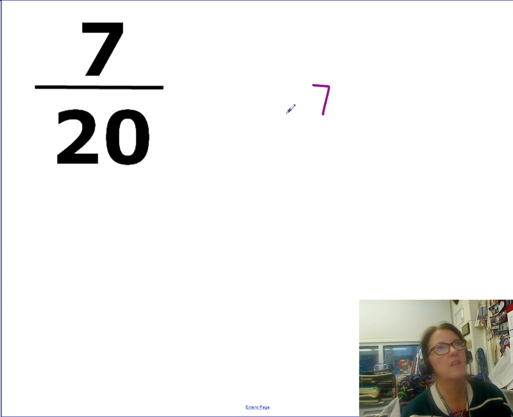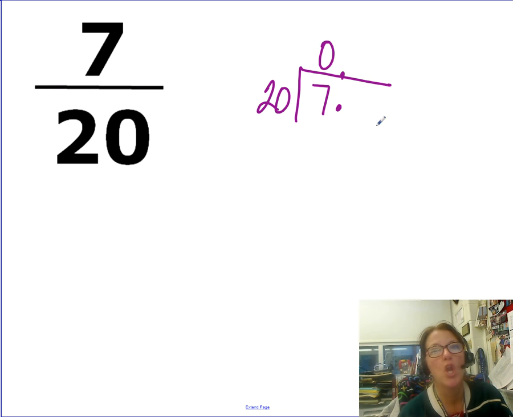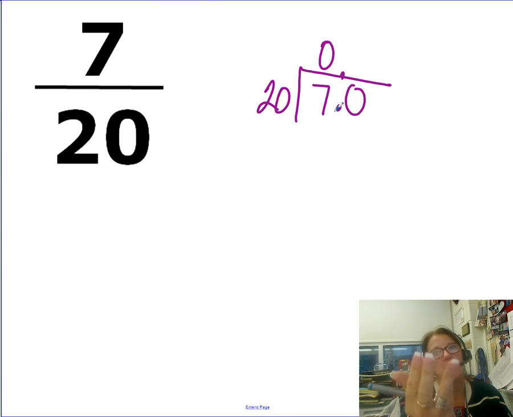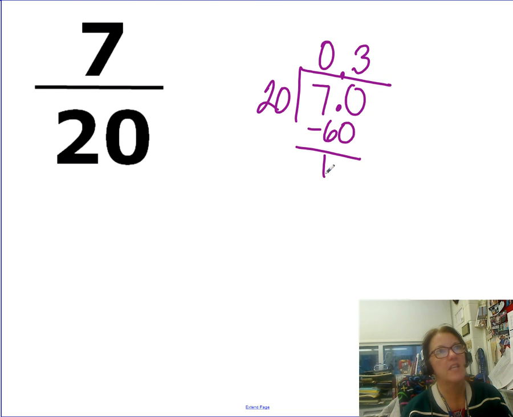How about 7/20? 7/20 means 7 divided by 20. Put your decimal point there. Can 20 go into 7? No. Put a 0. Can 20 go into 70? Yep. 20, 40, 60. Subtract, I get 10. 10 is smaller than 20, so I did a good job.